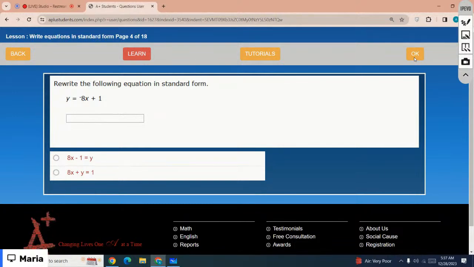Okay, rewrite the equation in standard form. Y equals negative 8x plus 1. So how do you rewrite?